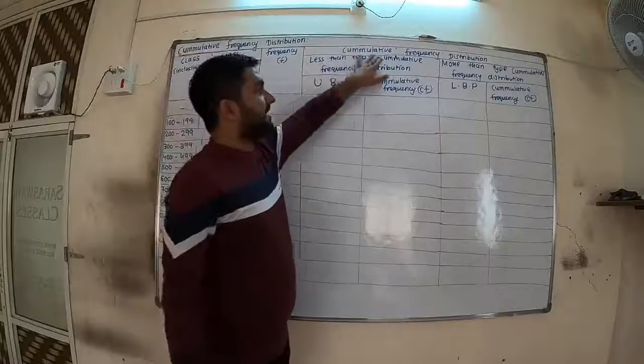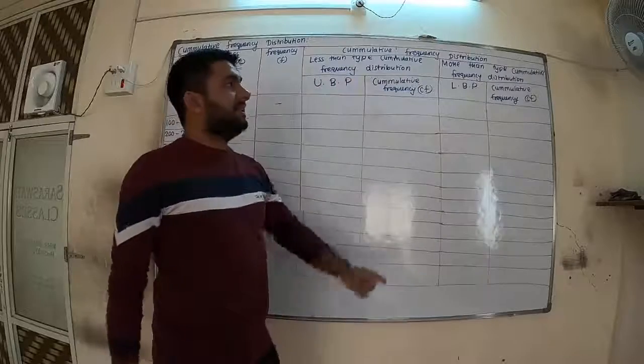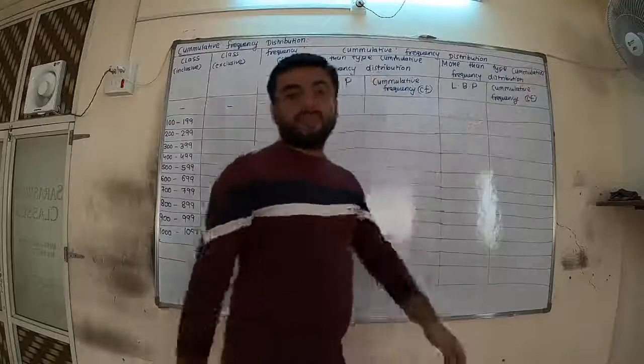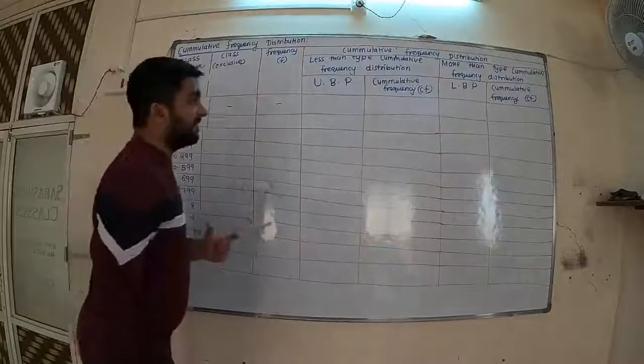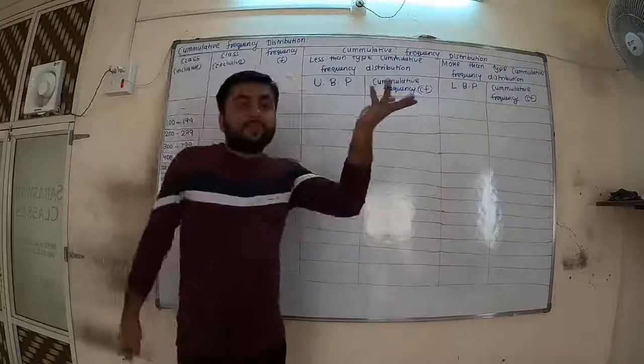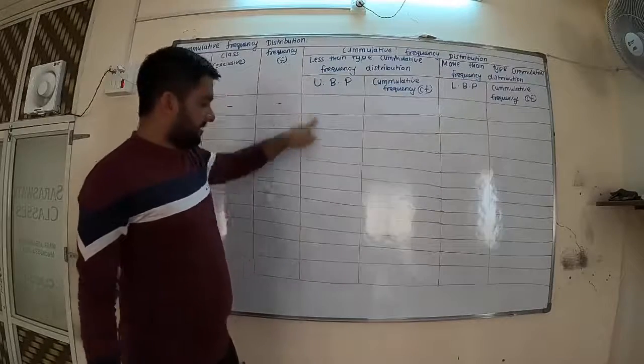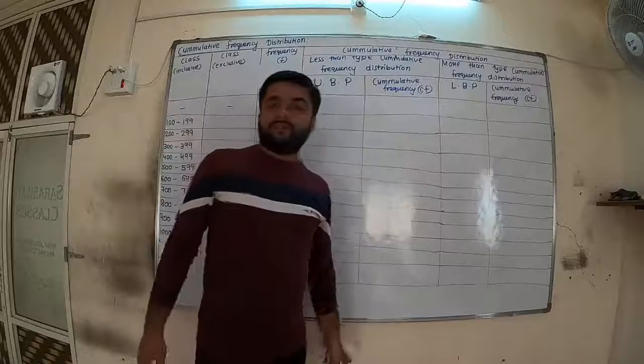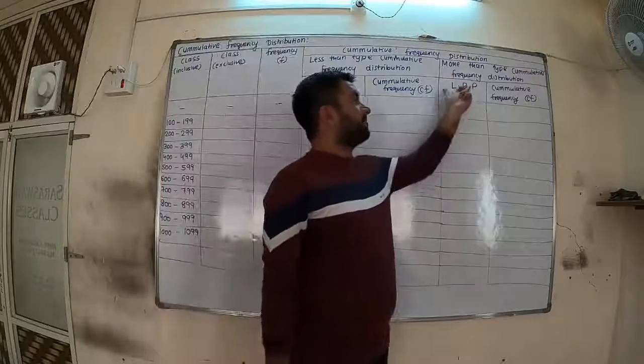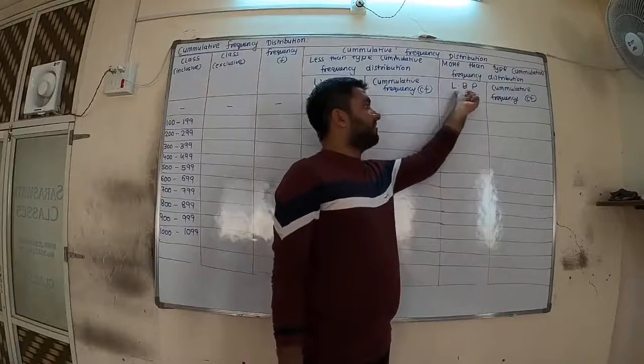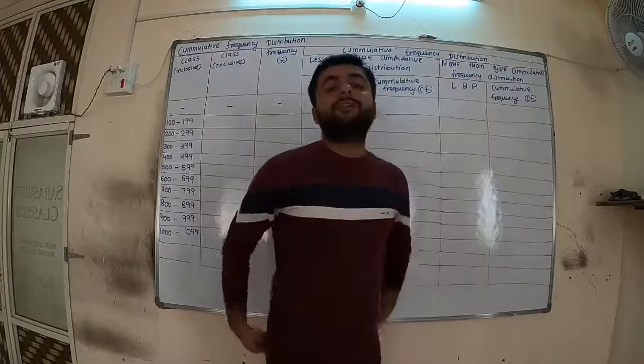First one is less than type cumulative frequency distribution. Second one is more than type cumulative frequency distribution. Now in the less than type, use the opposite: less means upper, so all the upper boundary points and cumulative frequency. In the more than type, the opposite of more is lower, so lower boundary points and cumulative frequency.